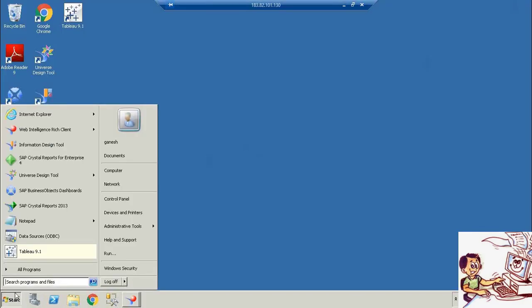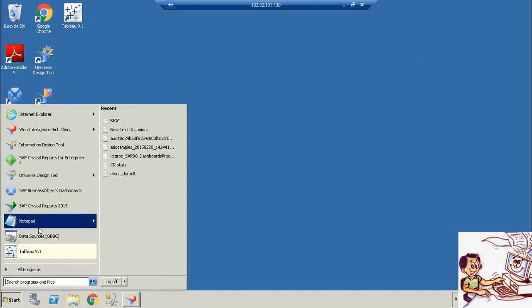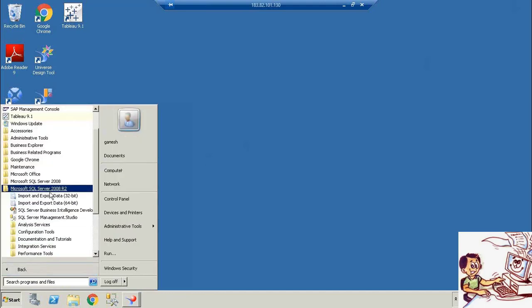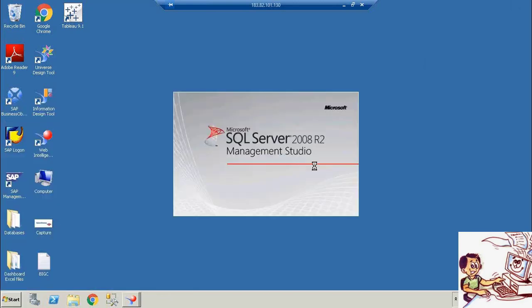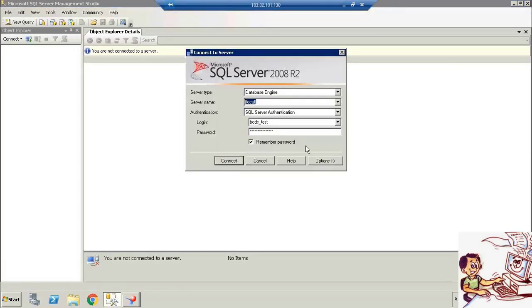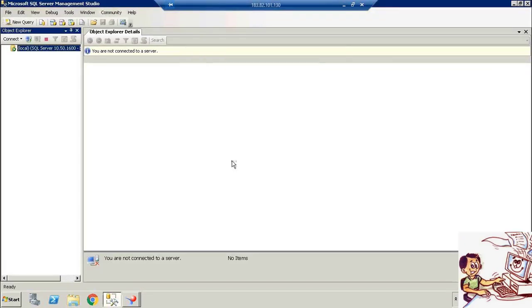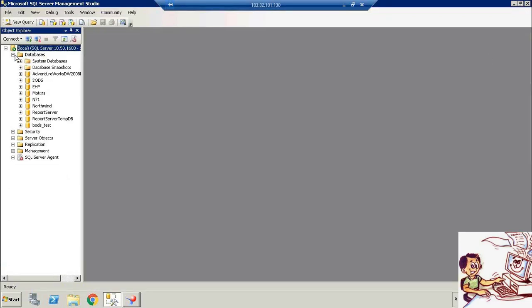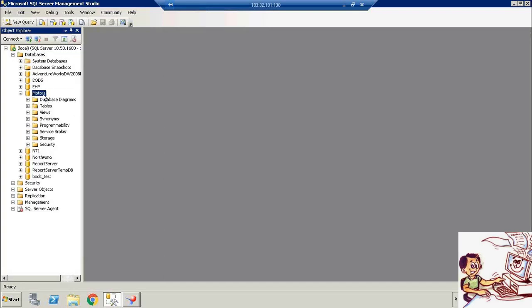Now, I have a SQL Server database with me, and I have a utility to interact with it, like SQL Server Management Studio. It's just an example for your better understanding.